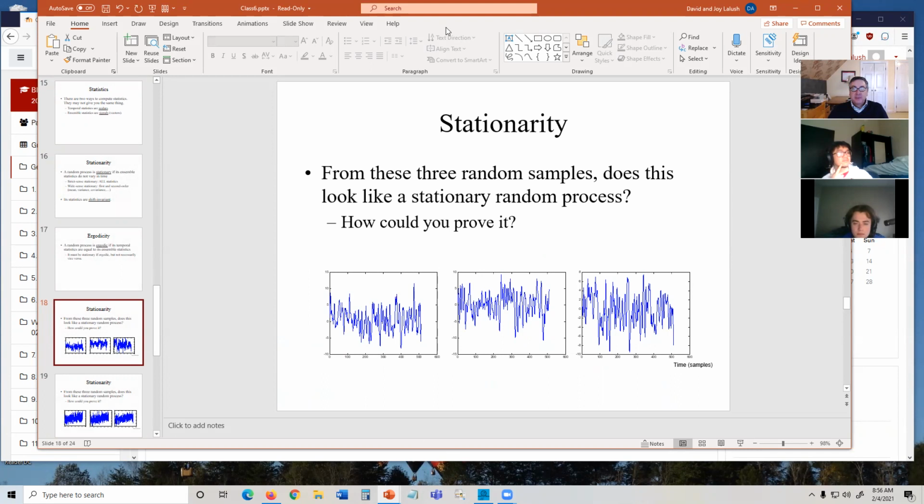Okay. And so the question is, with these 3 samples from the random process, does it appear to you to be stationary? Or another way of saying it is, do you see any evidence that suggests that it's not stationary? So we'll fire that up, see what we get.